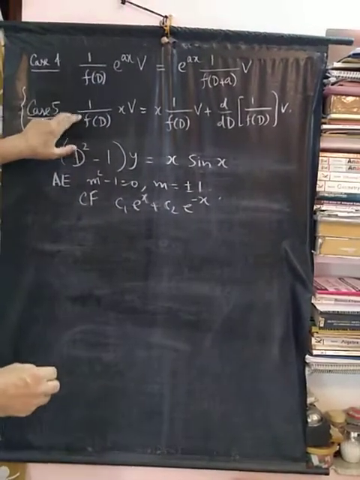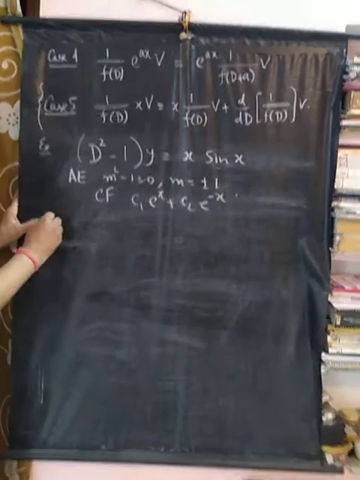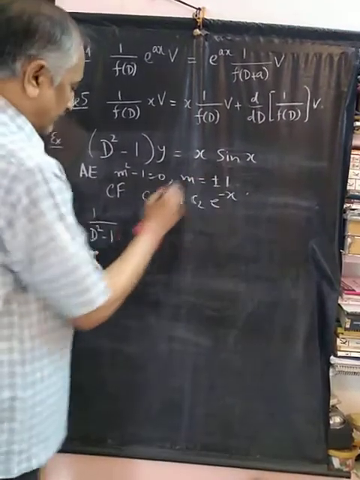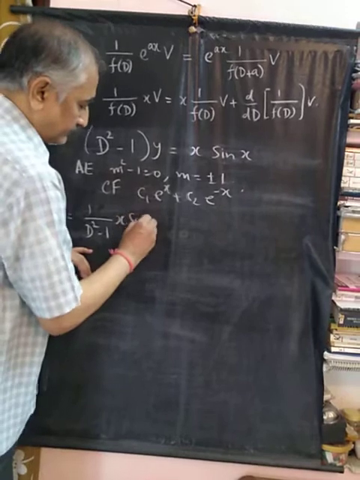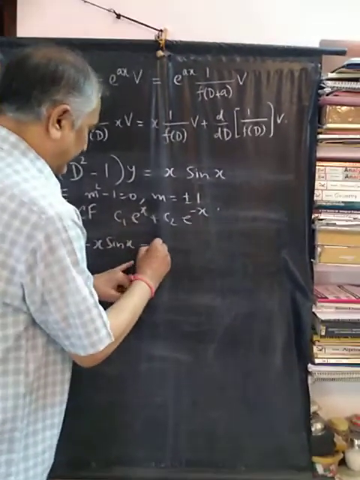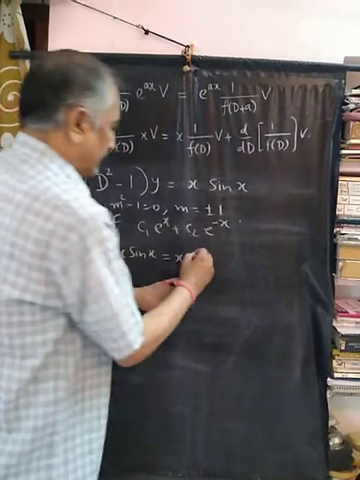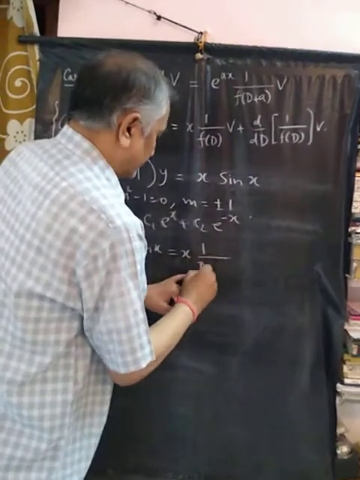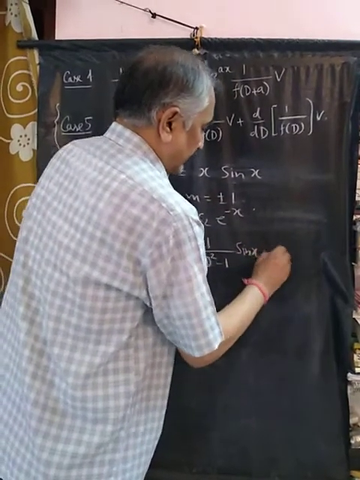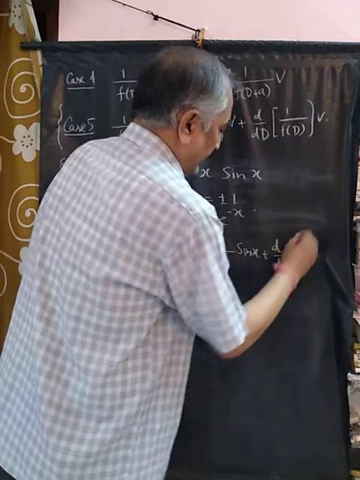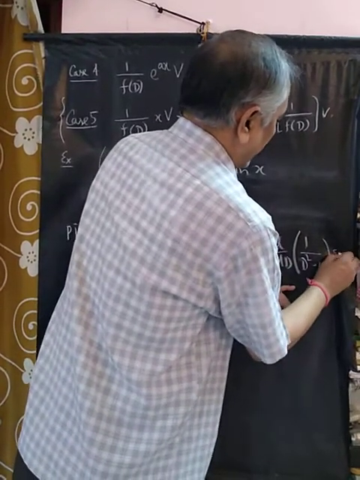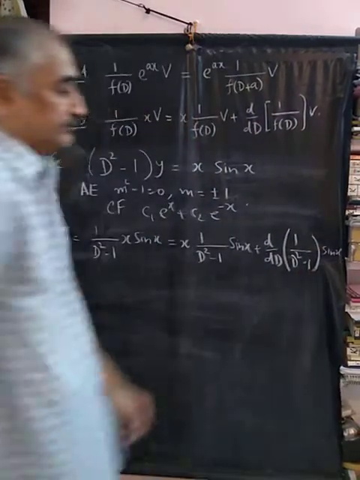Now I come to applying case 5. So the particular integral is 1 upon D square minus 1 applied on x sin x. So x sin x will give x times 1 upon D square minus 1 on sin x, and then differentiating this 1 upon D square minus 1 and applying it on sin x.